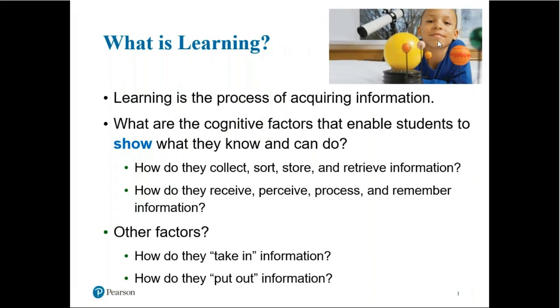What are the types of cognitive factors that enable students to show that they know or can do something? So how do they collect, store, sort and retrieve information? How do they receive, perceive, process and remember information? And what other factors might contribute to learning? How they take in information, how children or ourselves put out that information.